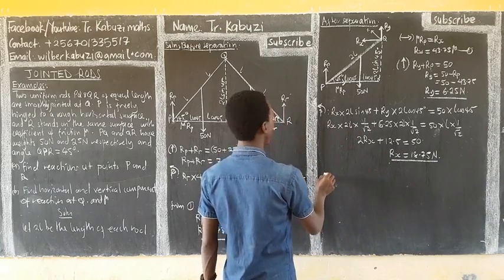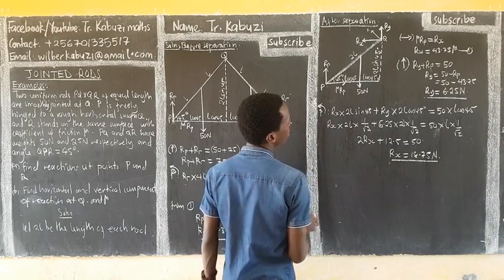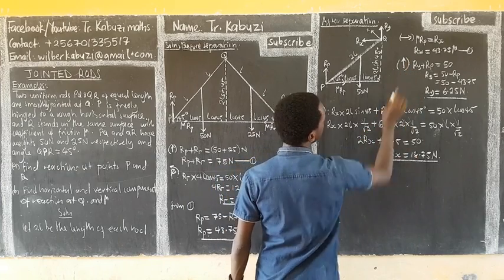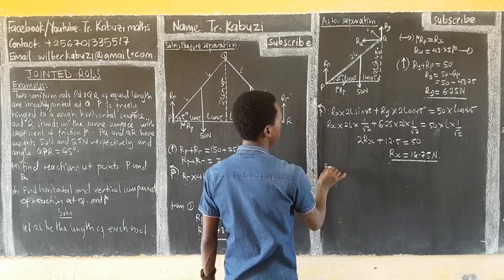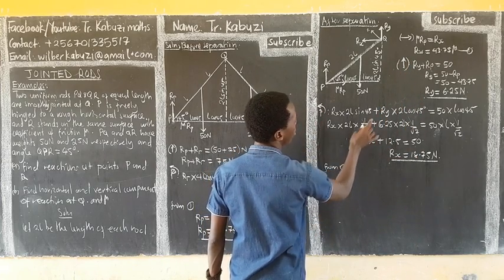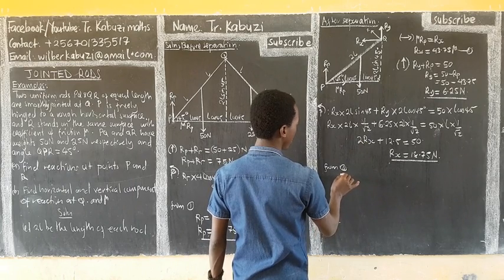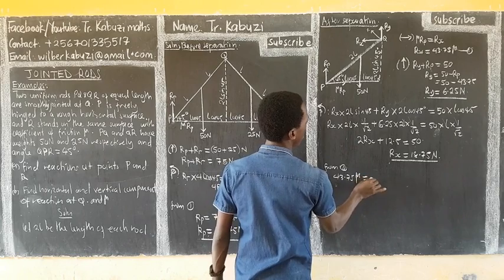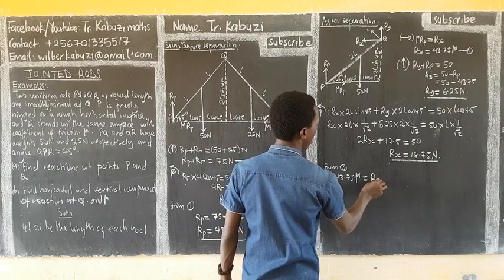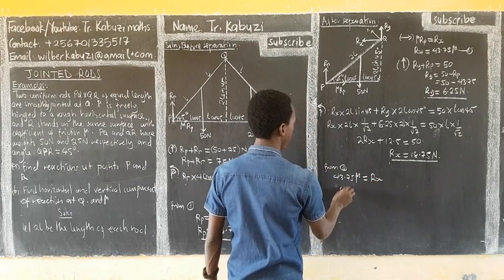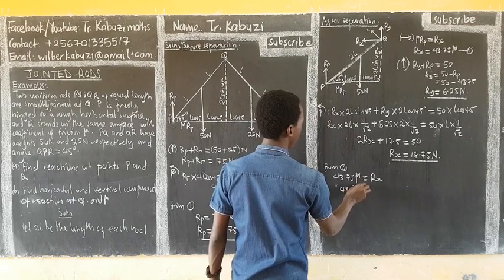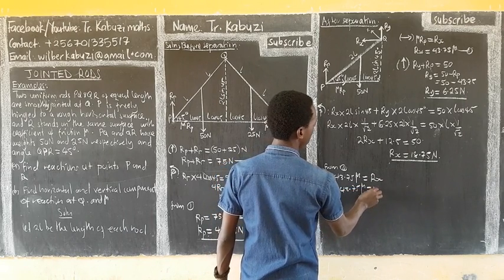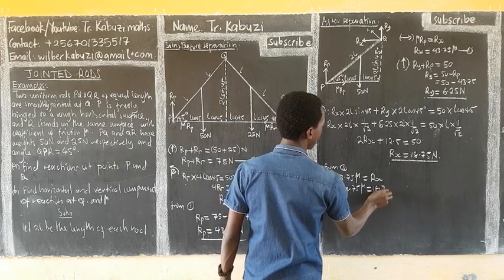Okay, now get mu. To get mu, I use this from equation 1 up there. This is my 43.75 mu, which is equaling to Rx. So 43.75 mu is going to be equaling to 18.75.